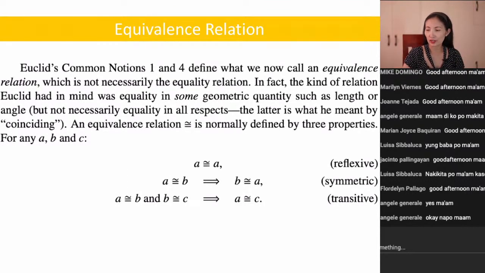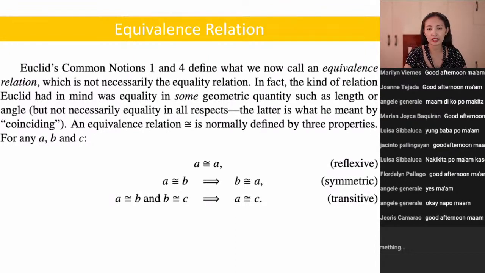Later, when you get to studying sets, logic and set theory, you will encounter these equivalence relations, and even in number theory. I think that's for next semester. How to prove whether a given relation is an equivalence or not. So it has to satisfy these properties.